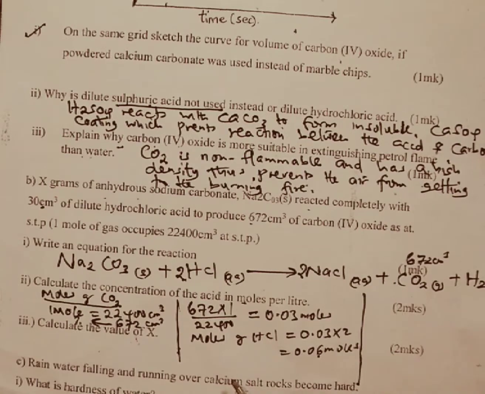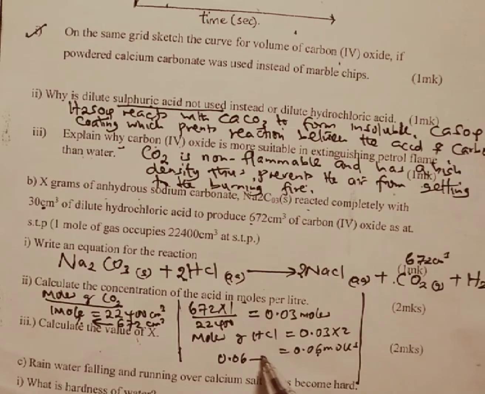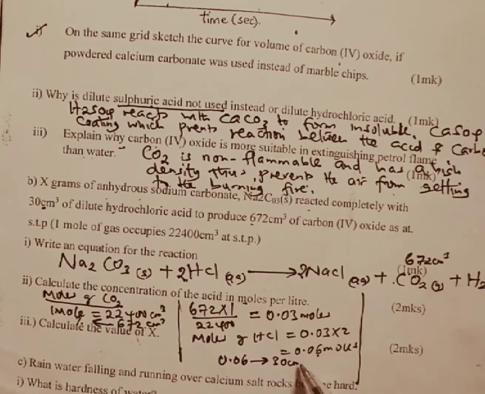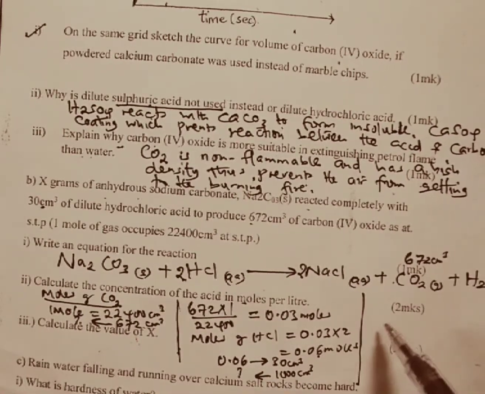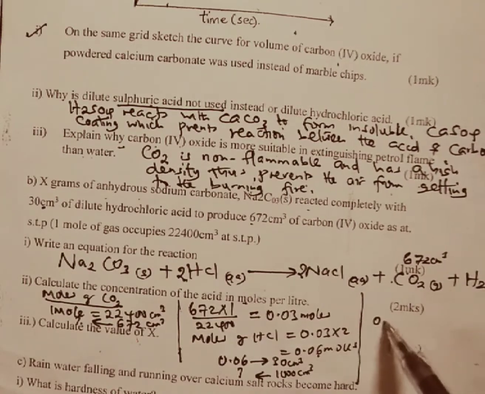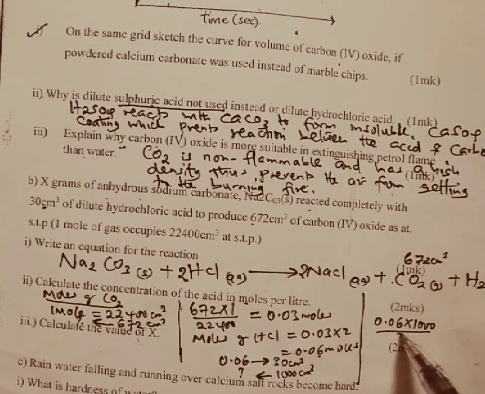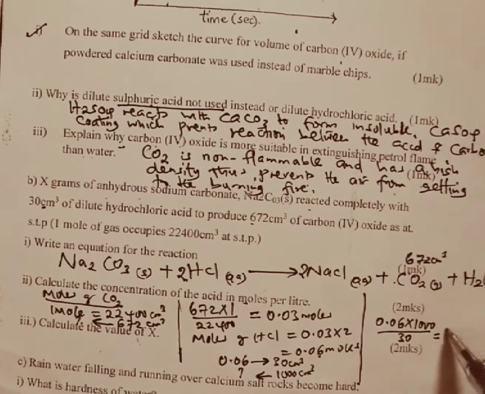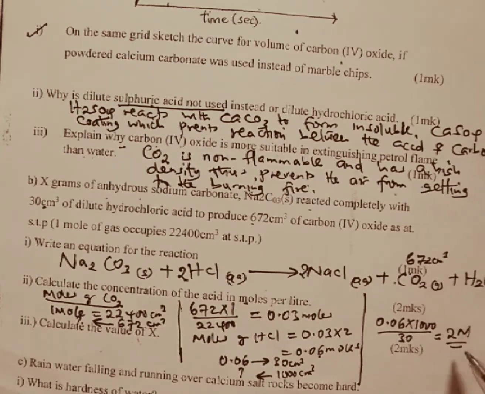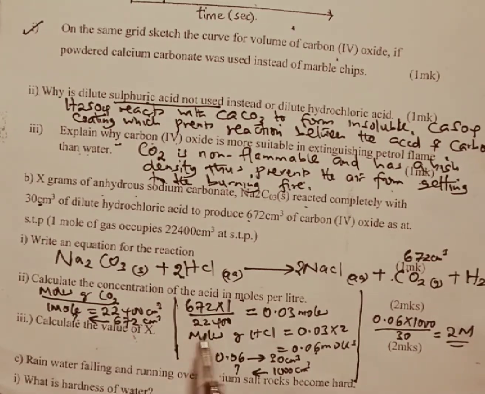And therefore, in this case now, we are going to say 0.06 moles are in 30 centimeter cubic. In 1 liter, which is 1,000 centimeter cubic, how many moles are we going to have? If we cross multiply, we are going to have 0.06 times 1,000, everything divided by 30, which is going to give us 2 moles or 2 molar as the concentration of the acid in moles per liter.